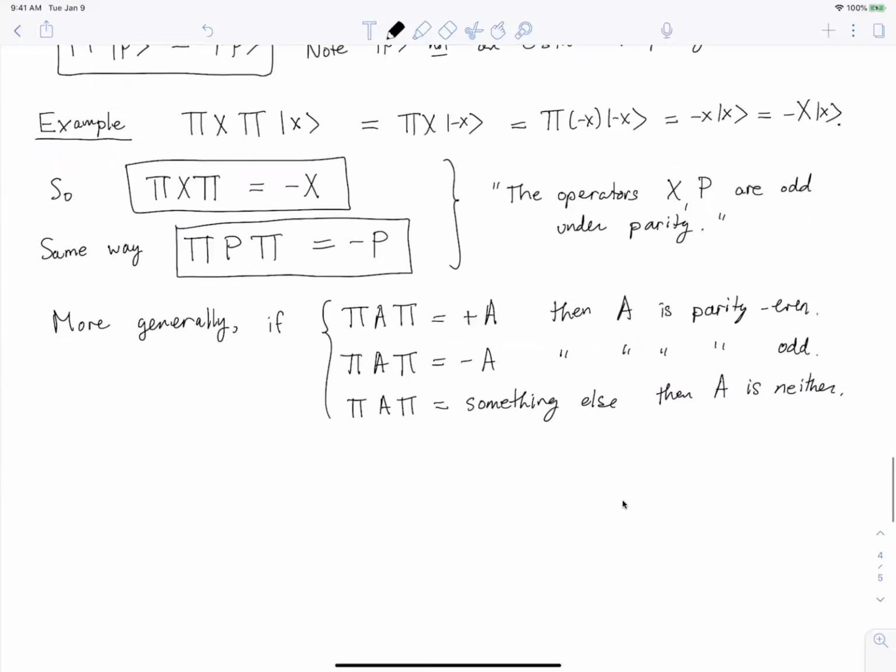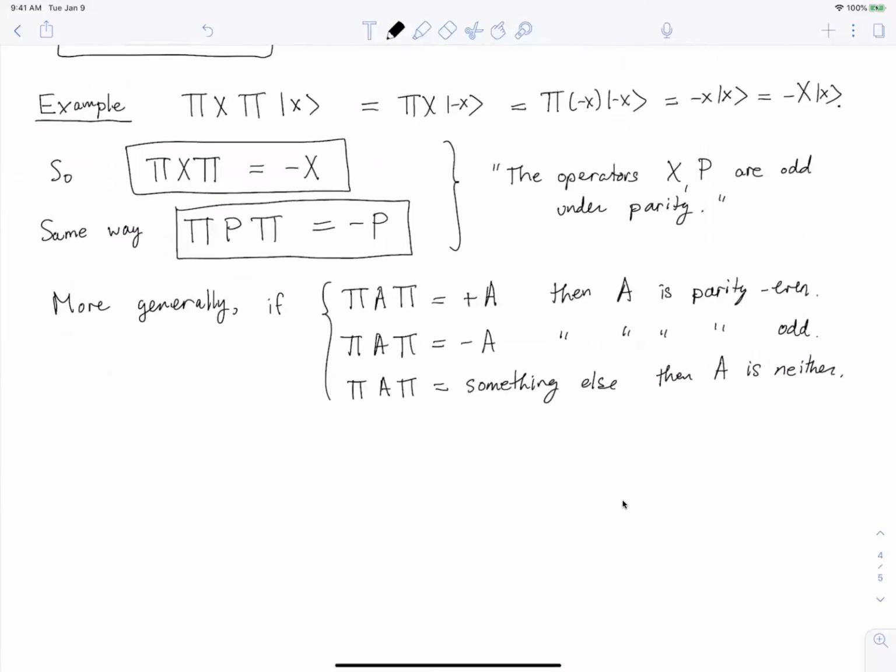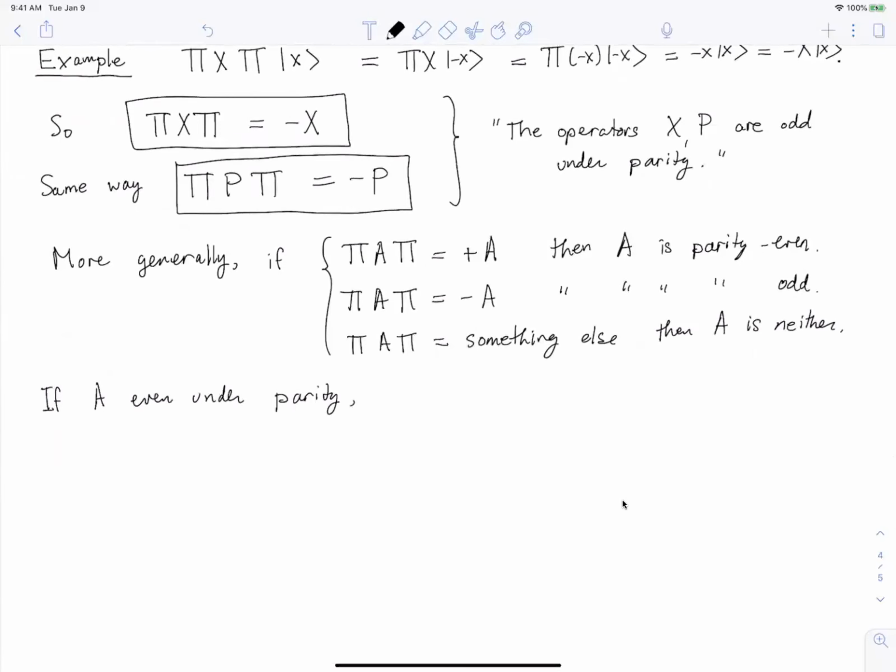Okay. So for the even case, there's something very special we can say that you can't say for the odd case or the neither case. If A is even under parity, then we can just rewrite what that means. That means parity times A minus A times parity is 0. So the commutator of parity with A is 0.